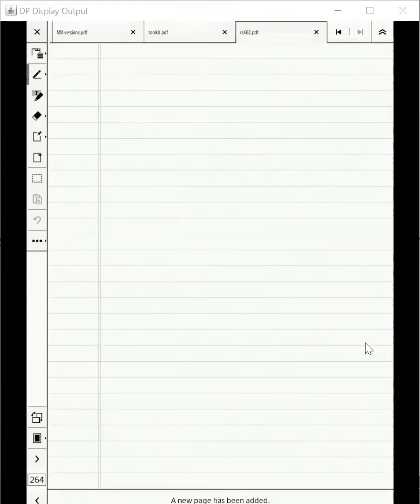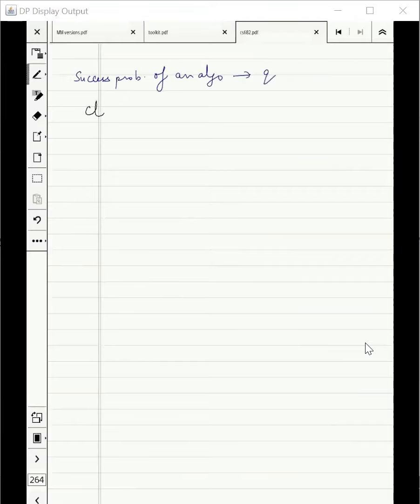What do I mean by quadratic advantage? Remember that if the success probability of an algo was Q, classically, to get constant probability of success, we need to repeat it 1 by Q times.